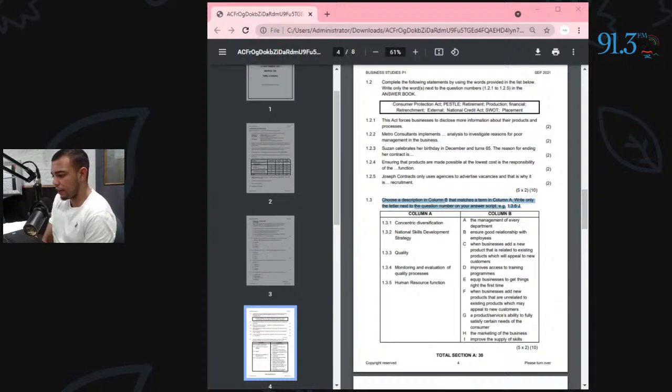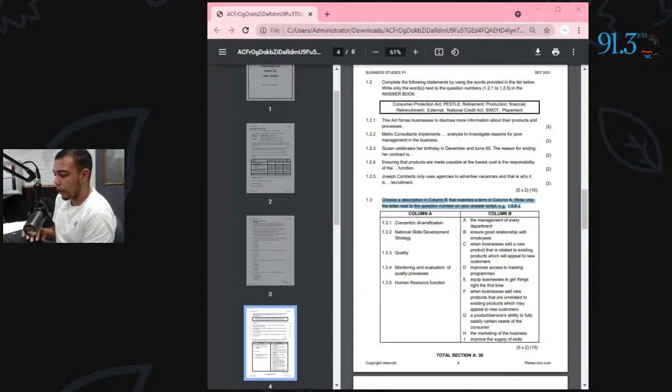So concentric diversification, when businesses add a new product that is related to existing products which will appeal to new customers. Or is it when a business adds new products that are unrelated to existing products which may appeal to new customers? So the keywords there that we are looking at is unrelated to related.